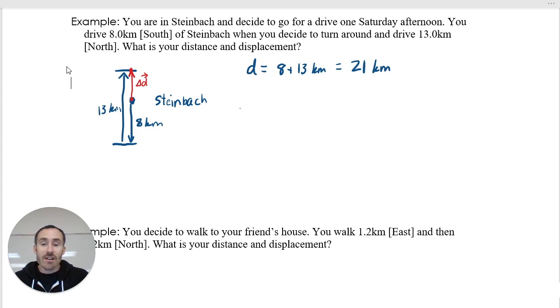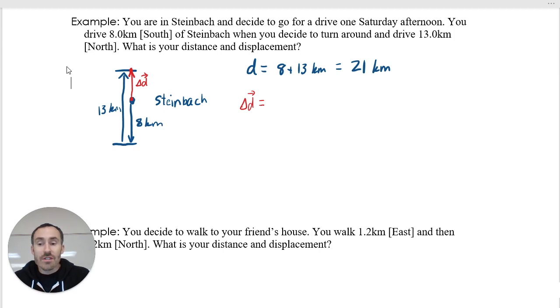So the difference here, your displacement, is 13 north minus 8. So this takes into account that you went 8 kilometers south, and from there you went 13 kilometers north.